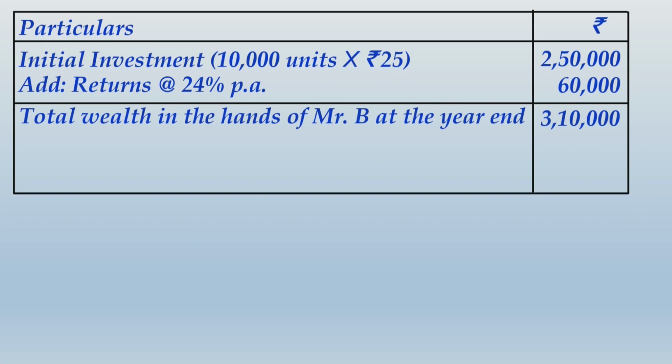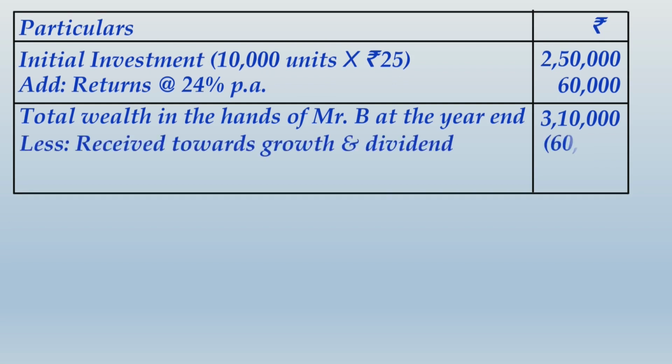Now this 3,10,000 being total wealth, it includes the distribution of dividend also. So subtracting the amount received in cash in the form of dividend towards growth and dividend, basically it should be gain and dividend, but the question has mentioned the word growth, so in solution also we are writing the word growth.